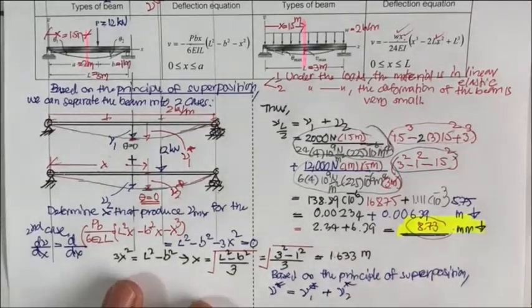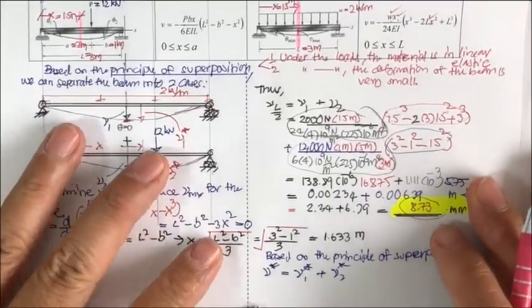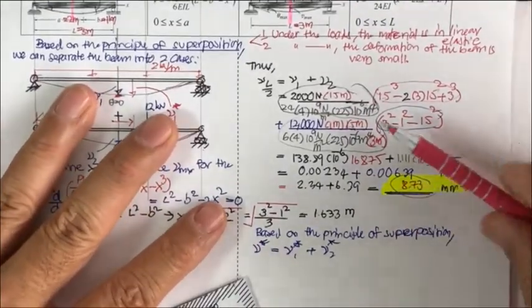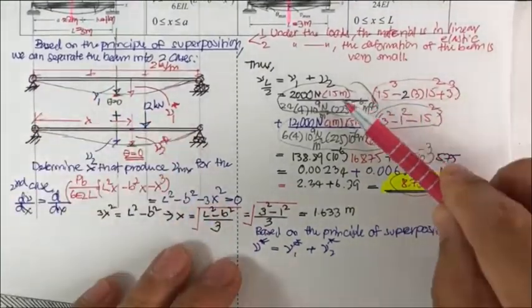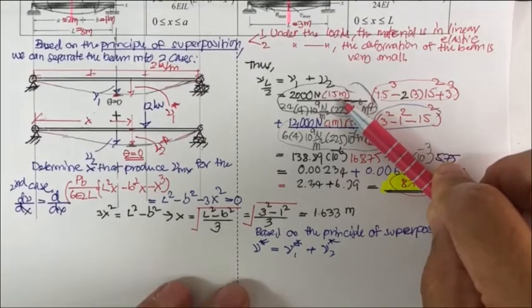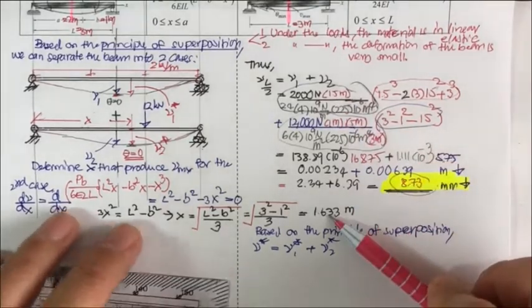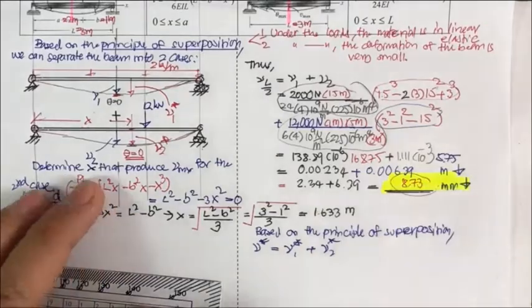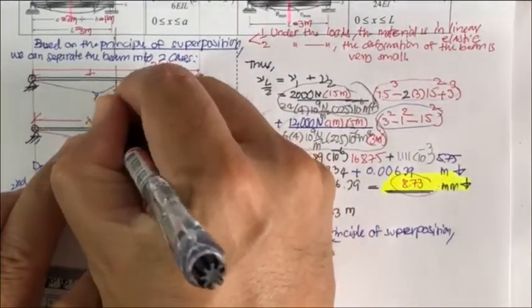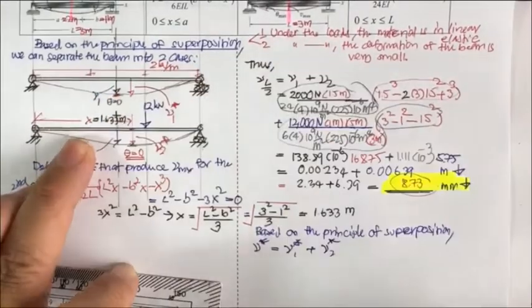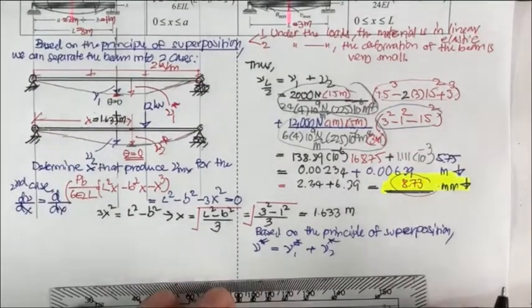This time we just use the same calculation here, but this time you need to change 1.5 to 1.633 meter. Let me put this one is equal to 1.633 meter, to make it clearer.